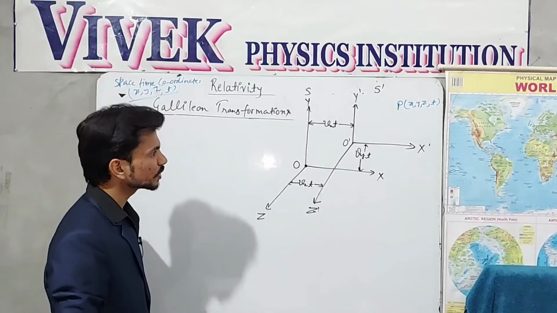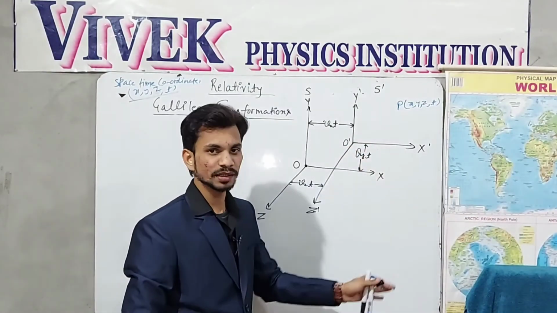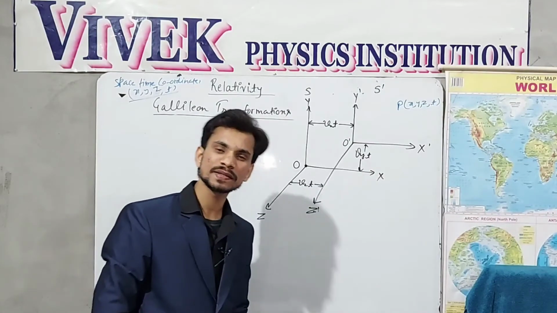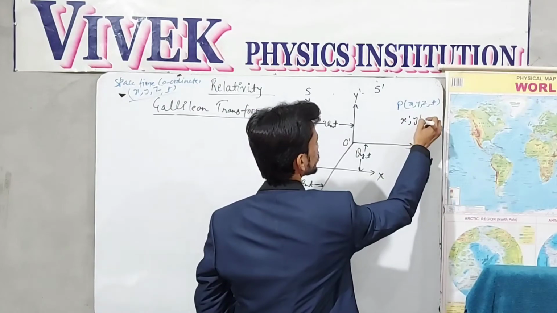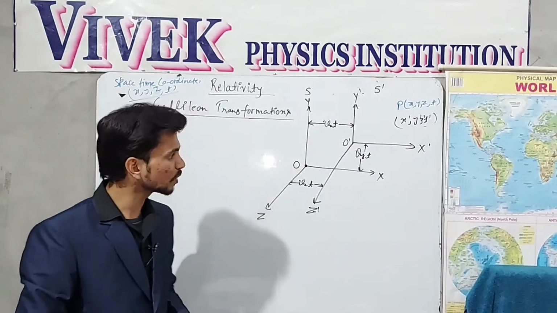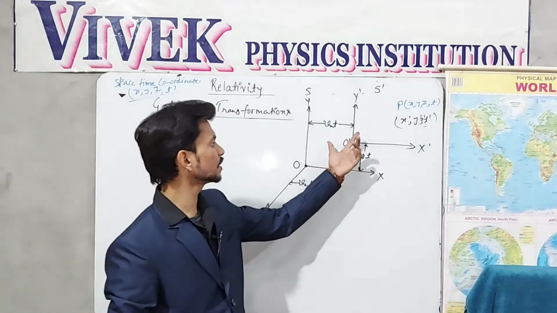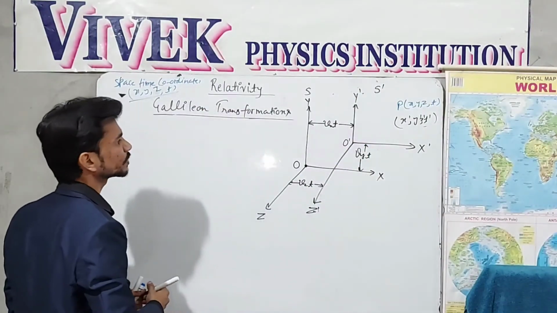Now you can also relate x, y, z, t to x dash, y dash, z dash, t dash, which are the coordinates observed by observer O dash in the frame of reference S dash. Then what should be the relation?